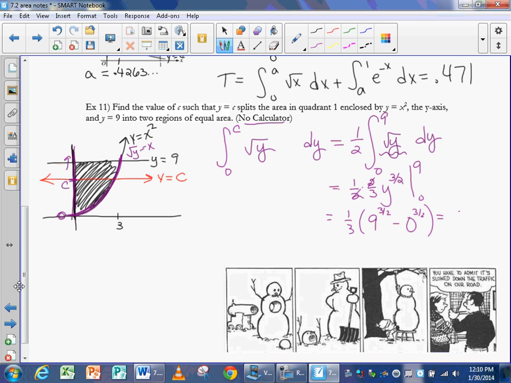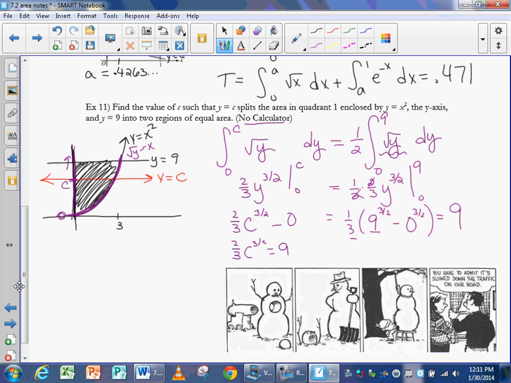And that's going to be 1/3 of 9 to the 3/2 is 27, which gives me 9. And then over here on the left, I'm going to have 2/3 y to the 3/2 again as my antiderivative. Plug in 0 and c and subtract. So 2/3 c to the 3/2 minus 0.